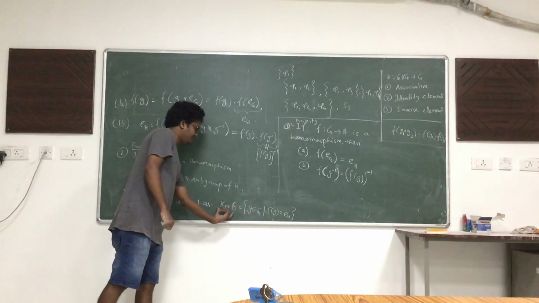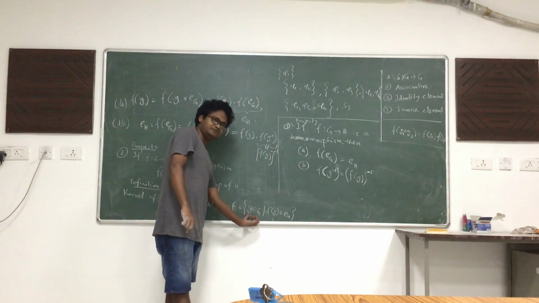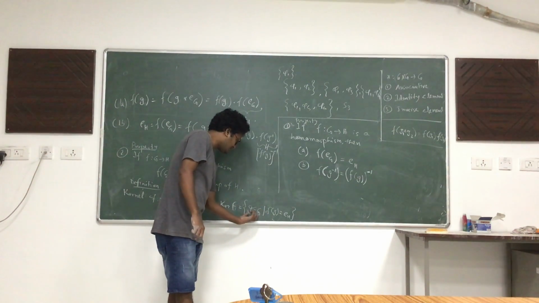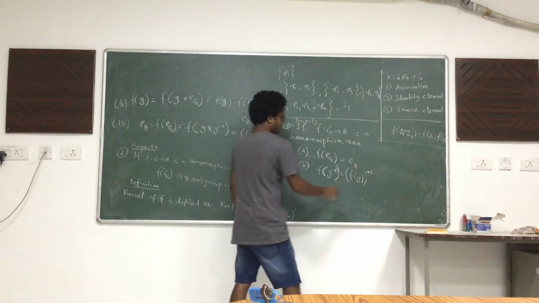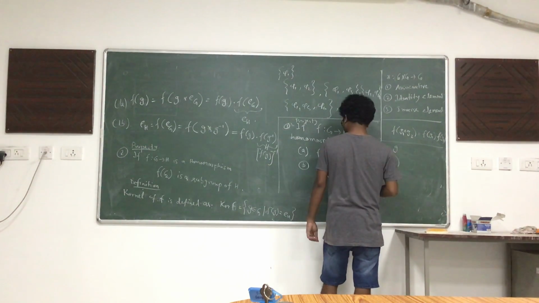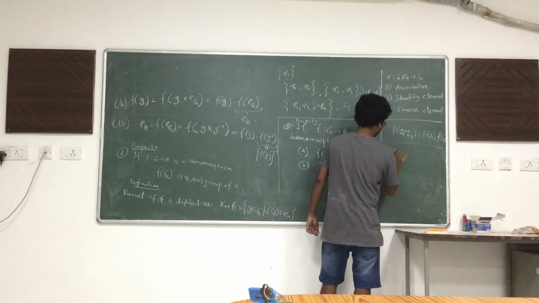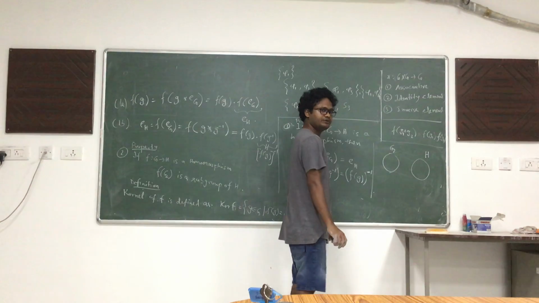kernel of F is defined to be the collection of all such elements of G such that the element goes to the identity element. In the notational sense, let's say G is a group, capital G, and capital H is a group.